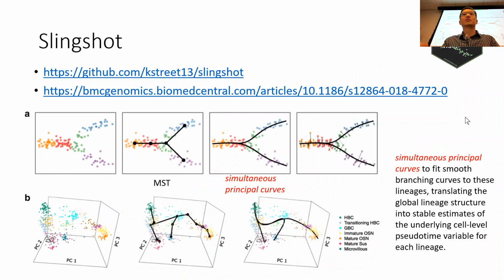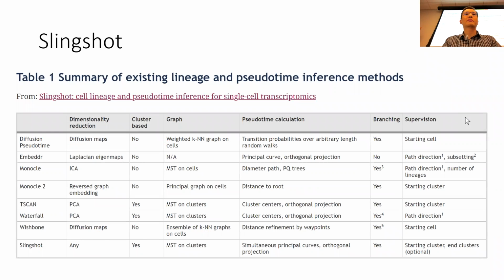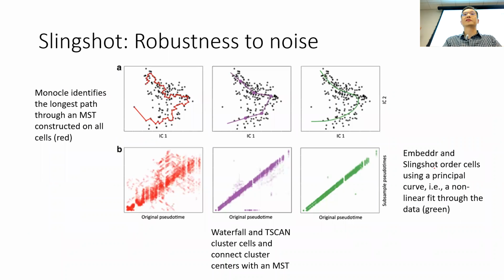Slingshot is a relatively new package and starts to show up. In the comparisons, the claims you see are that the compared methods include Monocle, TSCAN, Waterfall, etc., and they use different algorithms, for example, dimensionality reduction, different classes, supervised, unsupervised.